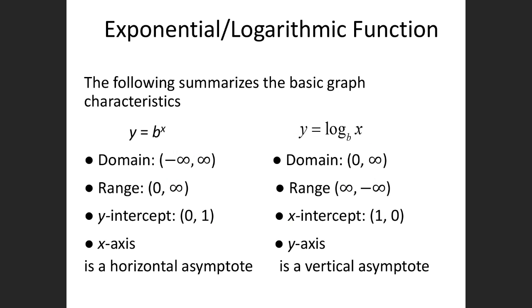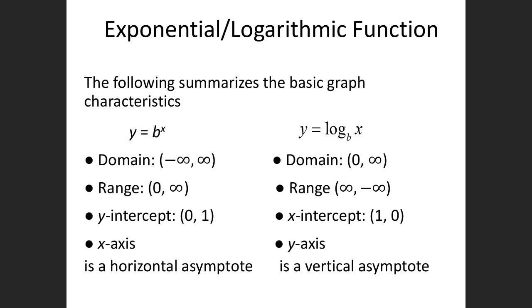All right, so let's look at more details of both of them. On my exponential function, we have our domain, range, and y-intercept. It has a horizontal asymptote at the x-axis. Look, everything's backwards. The domain of the exponent is the range of the log, and the range of the exponent is the domain of the log.